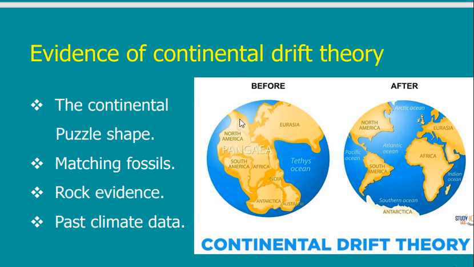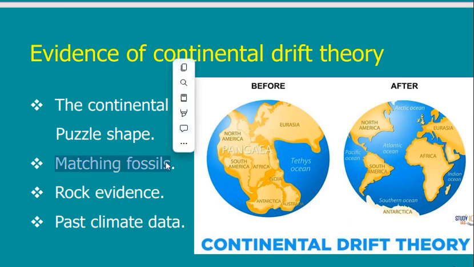So the first evidence he proposed is that all continents, if they are moved next to each other, fit like puzzle pieces. So this alone is not evidence, but this plus other evidence can be considered. What is the other?